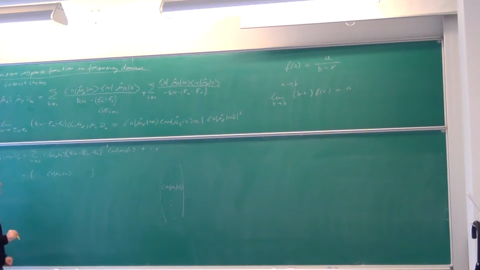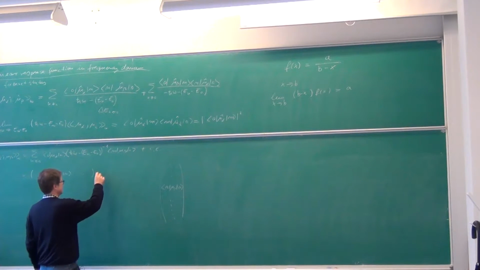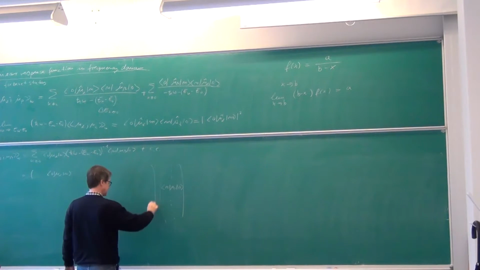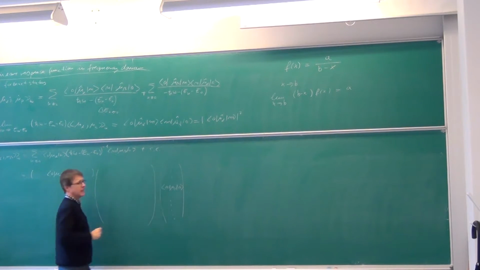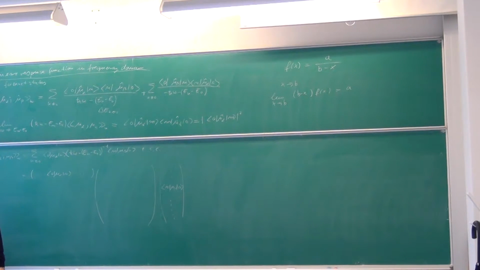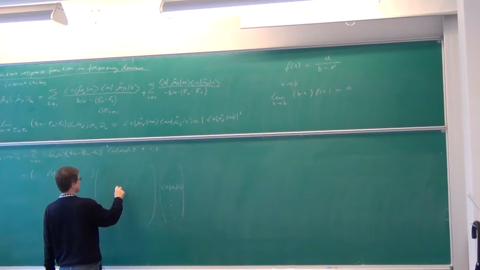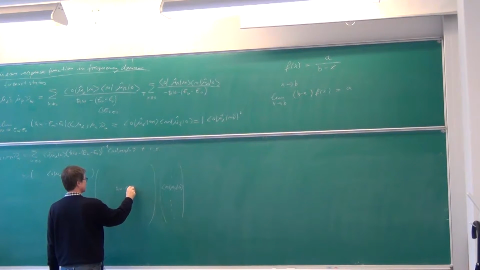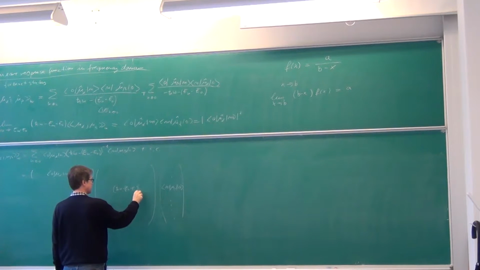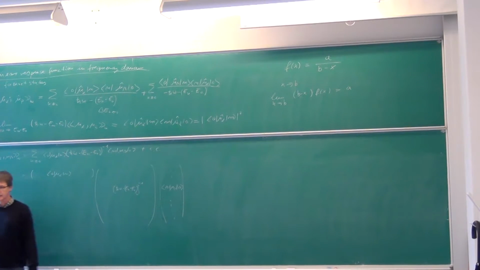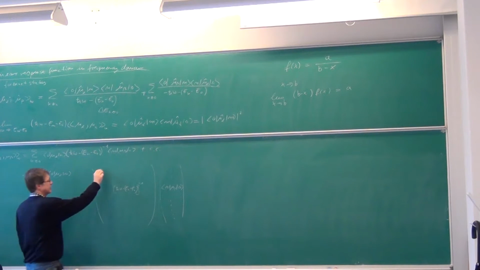And this I could stuff in a matrix, a diagonal matrix, where one of the diagonal elements looks like this. So this is a diagonal matrix.